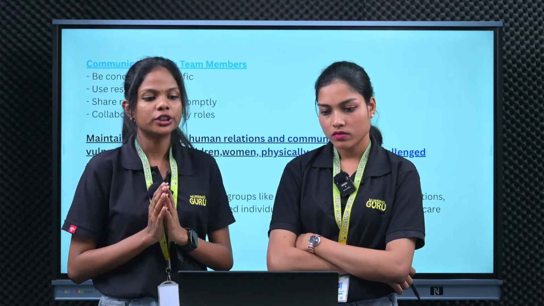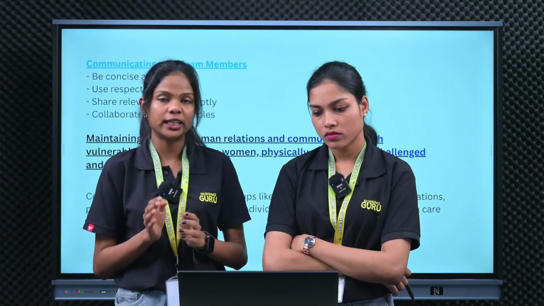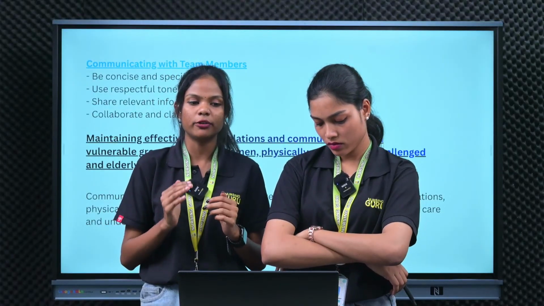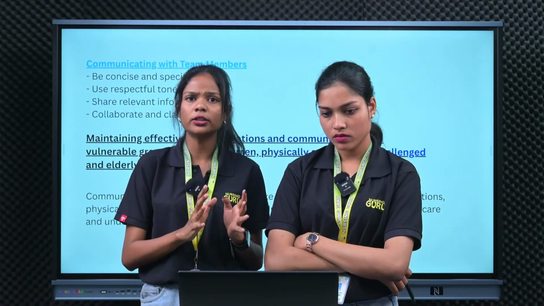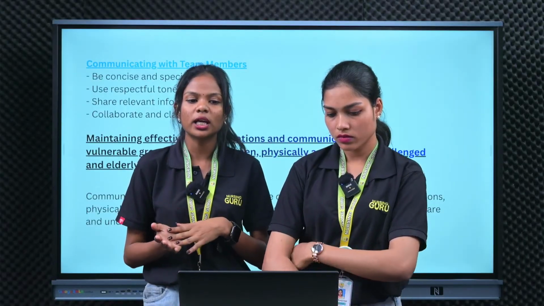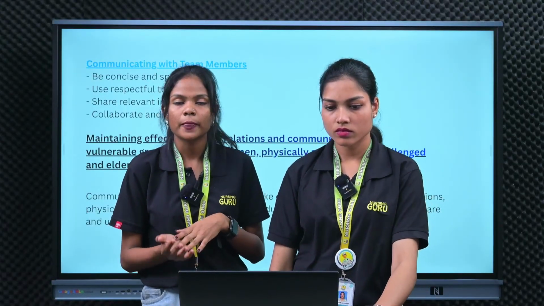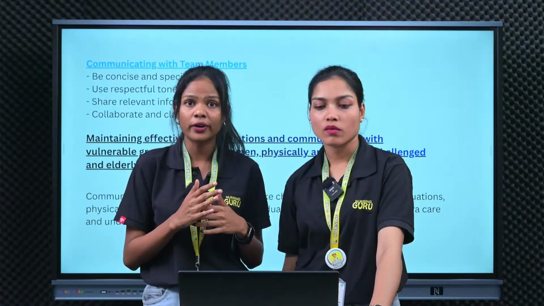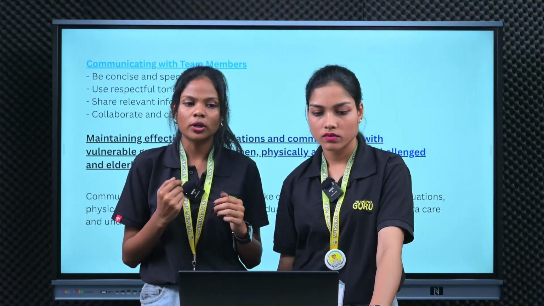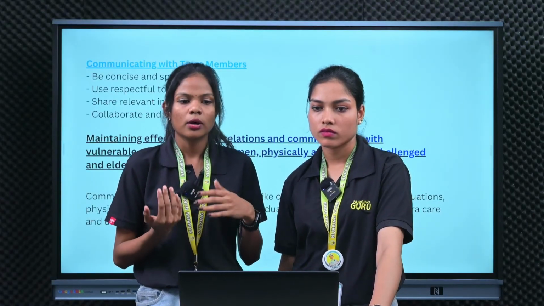Then share relevant information promptly, and share important information correctly within the team. Then collaborate and clarify roles, and clarify all doubts about the disease condition or the topic we are discussing.